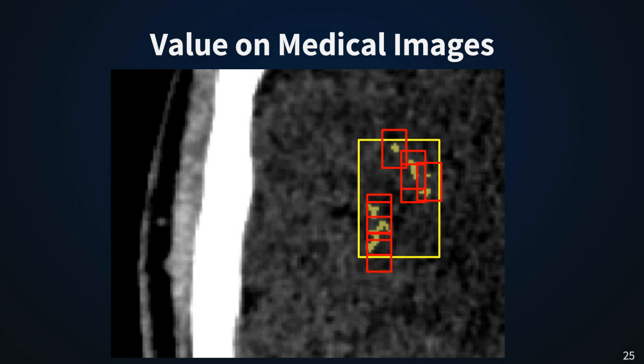So if I would only take the pixels under the yellow rectangle and ask the algorithm to make the final decision, in many cases it will get confused because it will think, okay, there is some essence of a hemorrhage here, but there is mostly healthy brain tissue here. So to be on the safe side, I'm going to say this is healthy brain tissue.